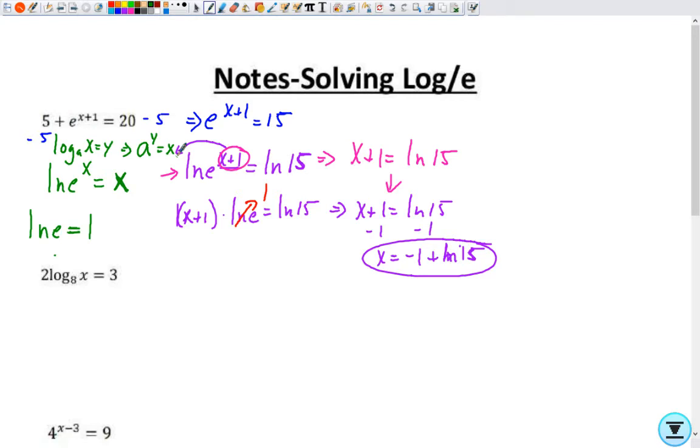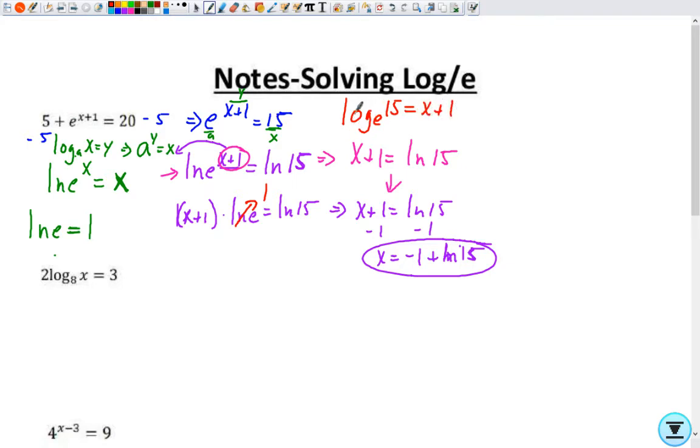That means we can change from logarithm to exponential or exponential to log. So I could have used this: this is my a, this is my y, and this is my x, and changed it back to its log form, and I would have gotten log base e of 15 equals x plus 1.